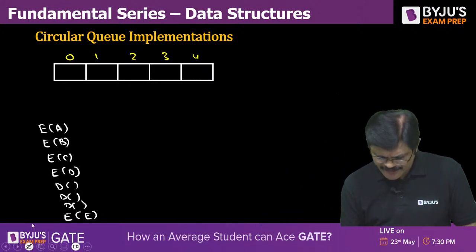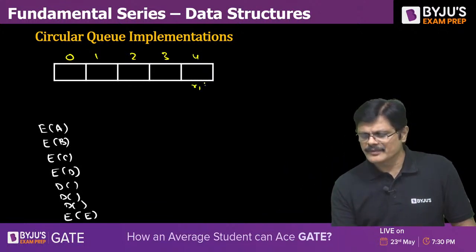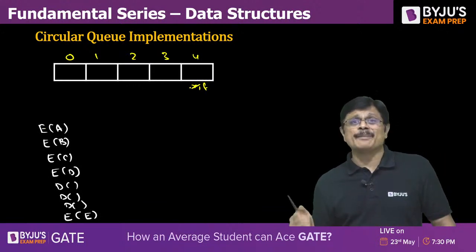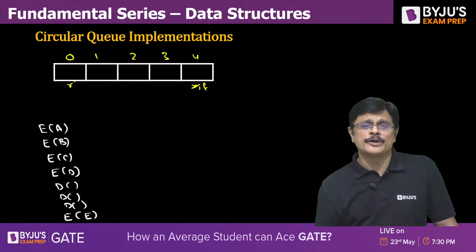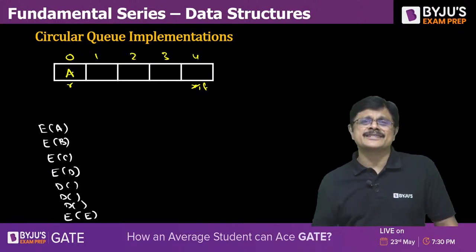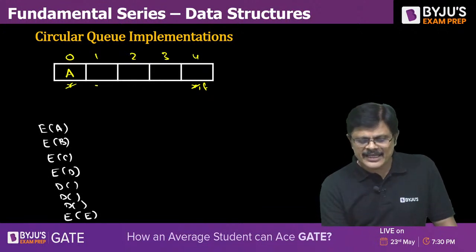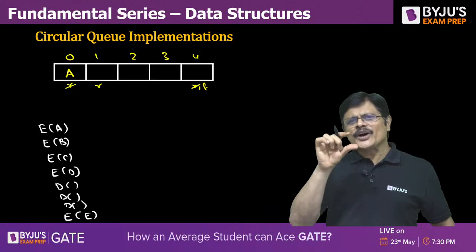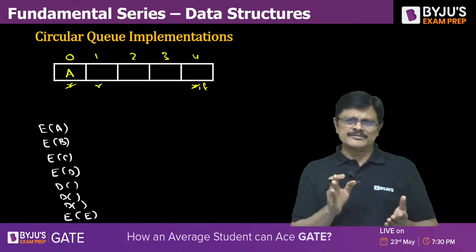Initially rear and front are here. For the first NQ, rear plus 1, that is 4 plus 1 modulo 5, so rear will be 0. At that position A is NQ'd. Then rear is incremented again. As long as the rear value is less than 5, you get the same number.